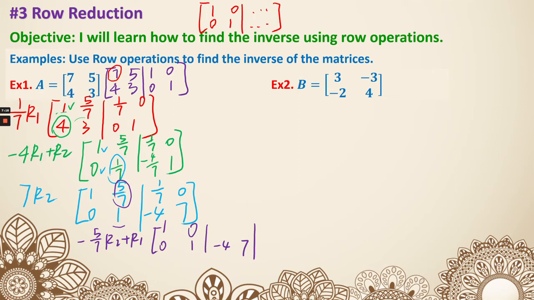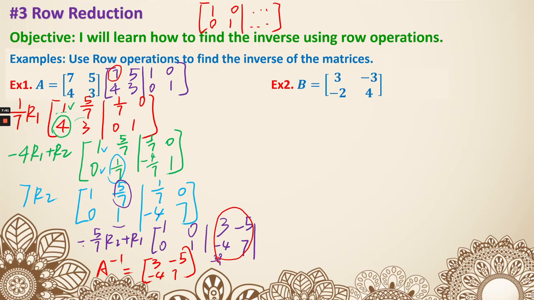Next, -4 times -5/7 is going to be 20/7, adding on to a 1/7, so it's 21/7, which is a 3. And lastly, 7 times -5/7 is -5, plus the 0 is -5. So that means this is what we're trying to get to. So the inverse of A would be 3, -5, -4, 7.